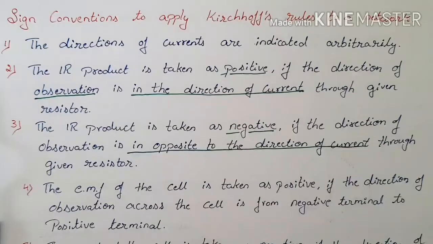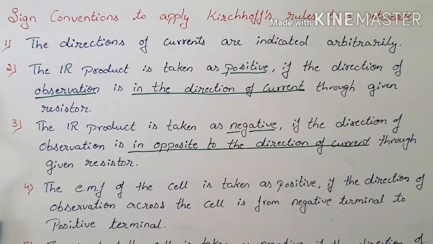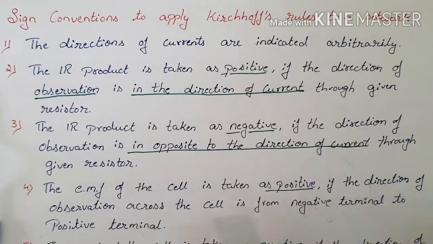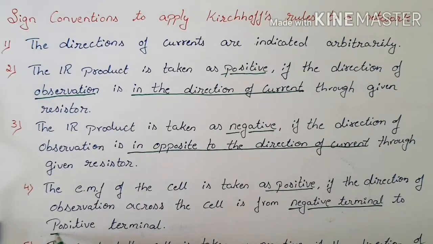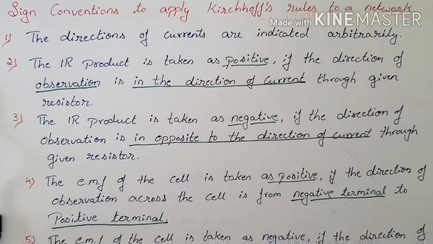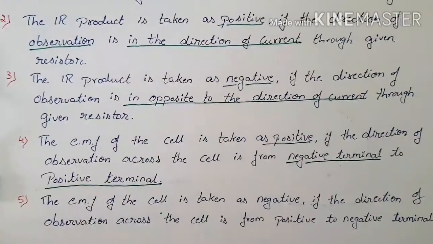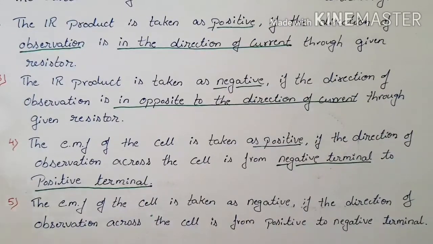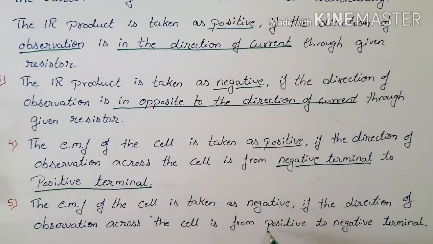Related to the EMF of the cell, the EMF is taken as positive if the direction of observation across the cell is from the negative terminal of the battery to the positive terminal. This is EMF positive. And the EMF of the cell is taken as negative if the direction of observation across the cell is from positive to negative terminal.